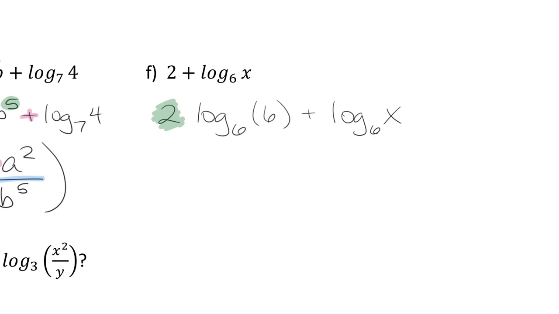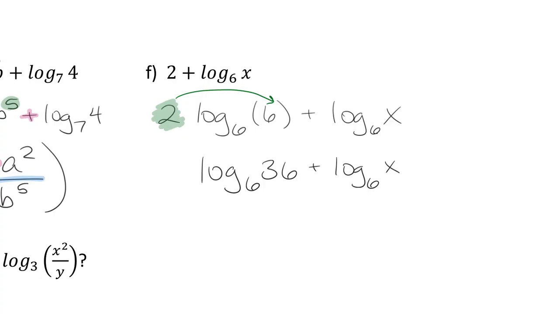Where does it go? To the power of 6. Very good. Which means, what is 6 to the second power? 36. That entire first logarithm becomes log base 6 of 36. Then I have my plus log base 6 of x.